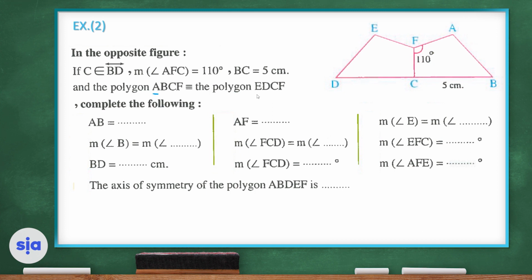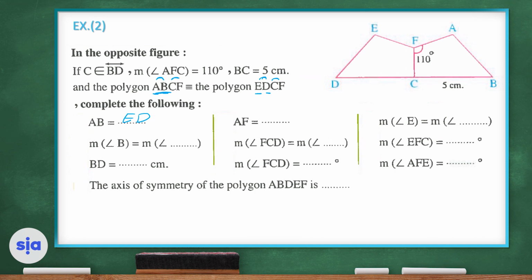A is equal to E, B is equal to D, and C and F are equal in measure as angles. And for sides, AB is equal to ED, CF is equal to CF for sure, and BC is equal to DC, and so on. So AB, its length is equal to, excellent, ED.